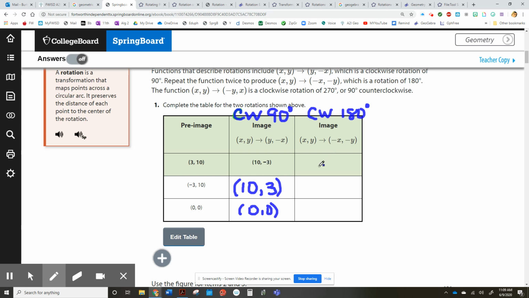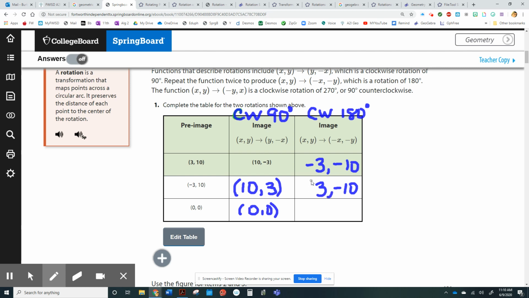And this one, if we want to get the 180 degree rotation, then what does it say that we do? We keep the X and the Y values the same, in the same place, but we change whatever sign they are. So this positive 3 becomes negative 3, and this positive 10 becomes negative 10. This negative 3 becomes positive 3, and this positive 10 becomes negative 10.